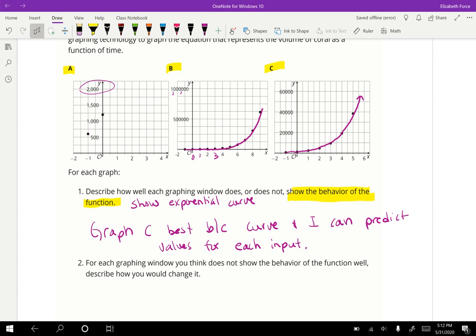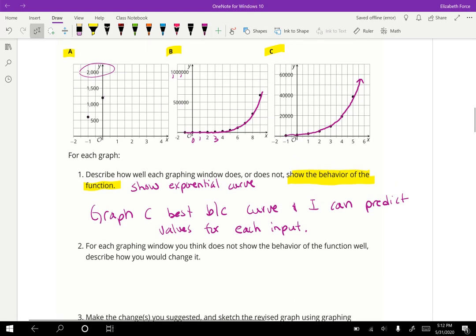Let's look at 2. For each graphing window you think does not show the best behavior of the function, describe how you would change it. So for graph A, we need a much higher maximum y value.